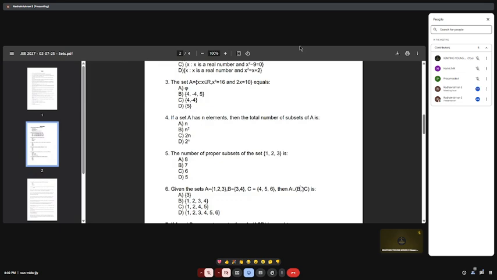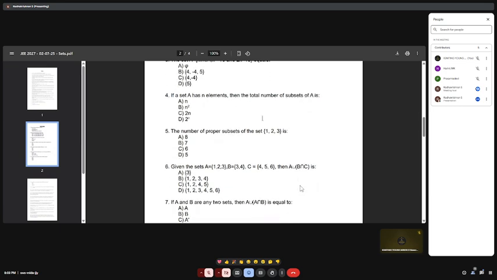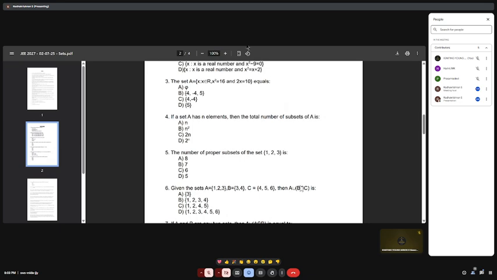We saw the definitions, but this is just to apply that. Option D, sir. D is it? 1 minute. C equal to 4, 5, 6. I'm writing it down in the board.